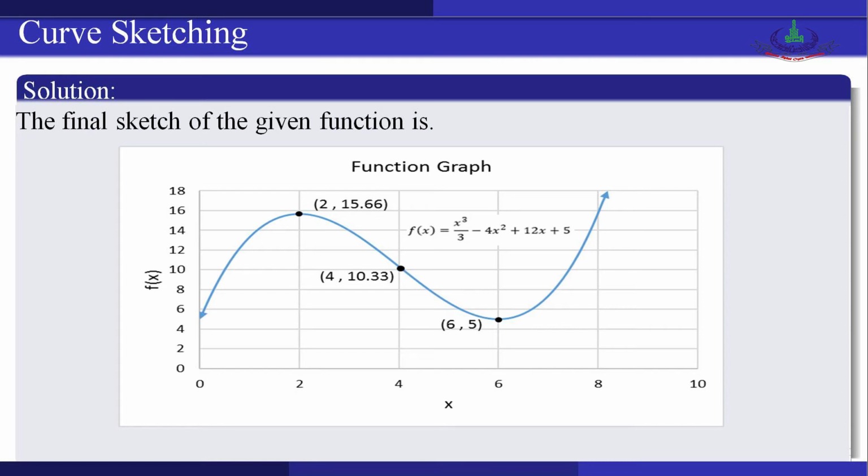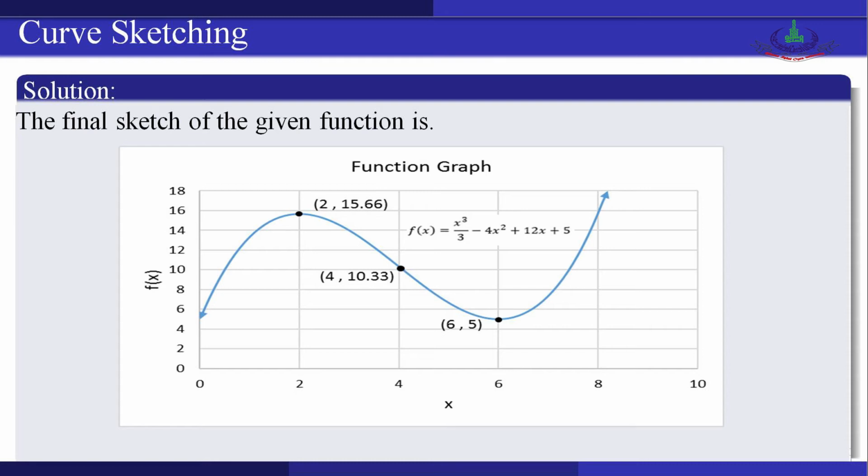When x is equal to 6, y is 5. Now locating these three points, when x goes to minus infinity you can see the arrow going downwards, so f of x also goes to minus infinity. Similarly, when x goes to plus infinity, you can see the up arrow going to plus infinity.